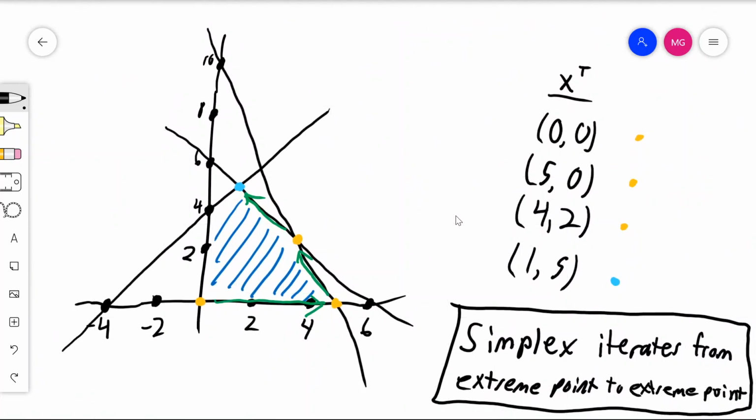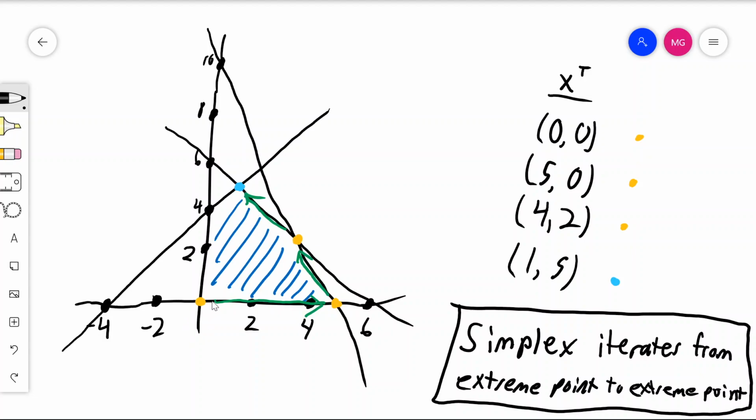This is the original linear program, and these are the points that it iterates between. We started with basic feasible solutions of the standard equality form version, and those corresponded to extreme points of the standard equality form version, which in turn corresponded to extreme points of the original linear program. So here are the extreme points of the original linear program that our simplex algorithm is iterating through.